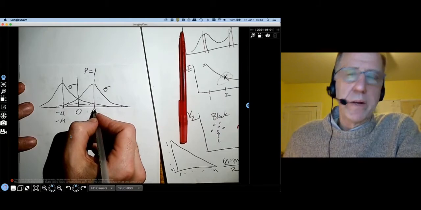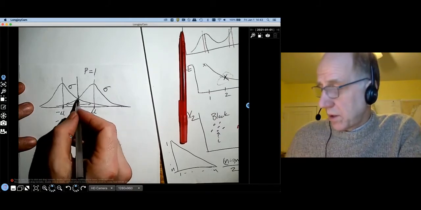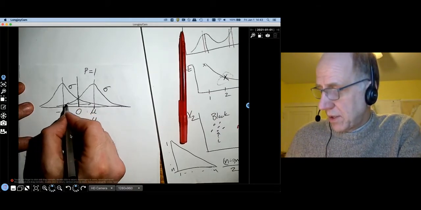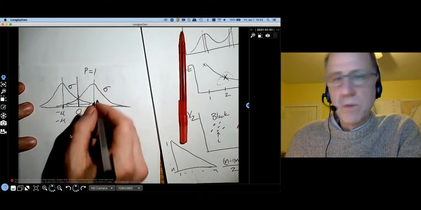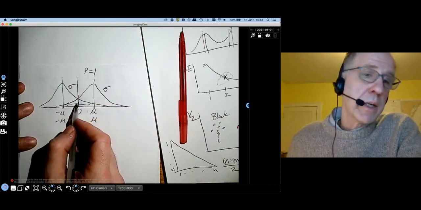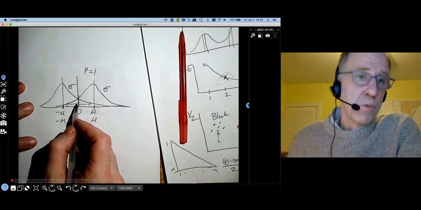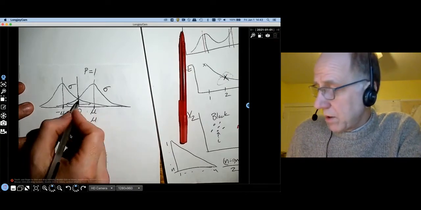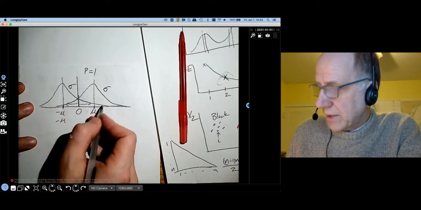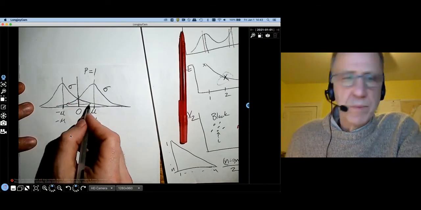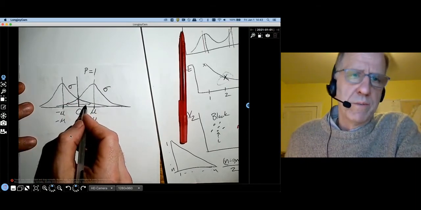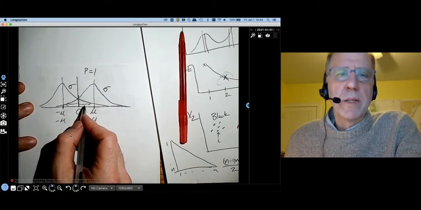All right, fine. And so what that means is all the observations in this tail of the right distribution will be assigned to the wrong cluster, and all observations in the right tail of the left cluster get assigned to the wrong cluster. Well, what does K-means do next?